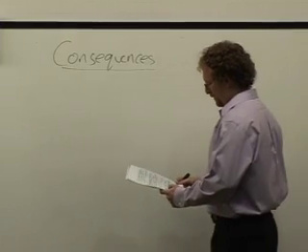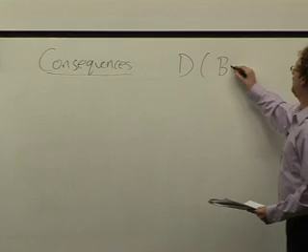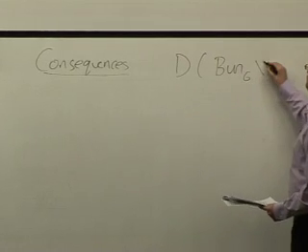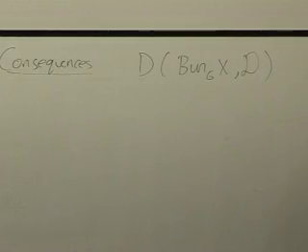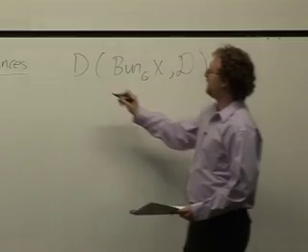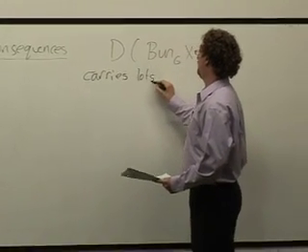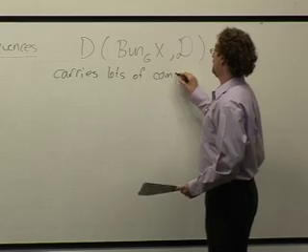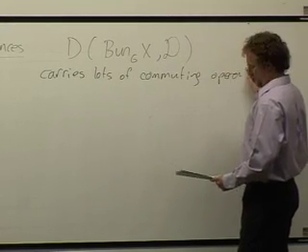So what are the consequences of this? This tells us that if I look at the derived category of D modules on Bun G, so this is my function space of Bun G, it carries lots of commuting operators.